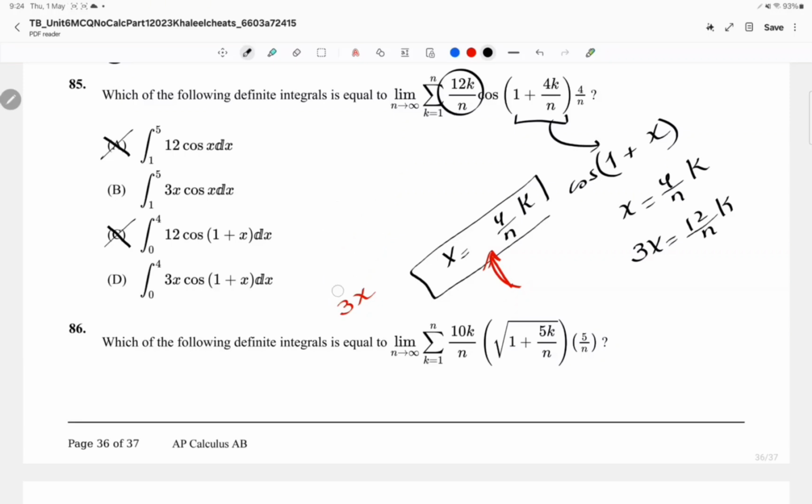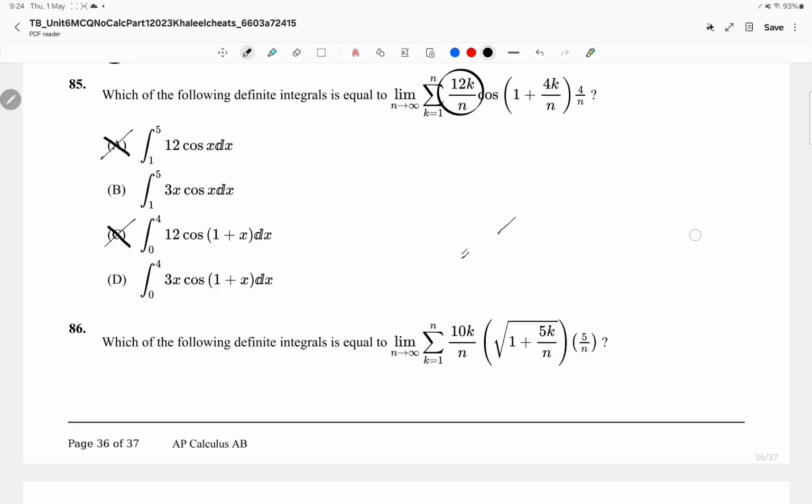Okay, and now this equation is going to make perfect sense. So let's just step back and look at it. So this would be our x, and this would be our 3x. So now we're going to have 3x cosine 1 plus x dx. Okay, which is choice D.